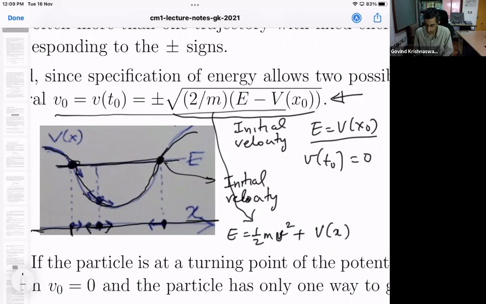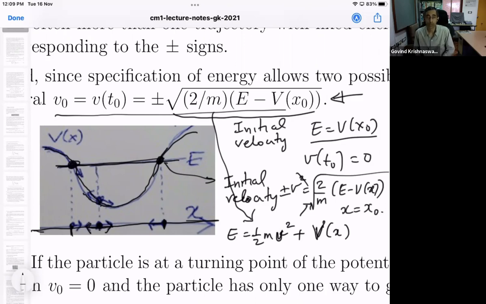Here v is velocity, and V of x is potential. I simply solve for v by taking it to the other side, so v squared is equal to 2 upon m times E minus V of x. Then we take a square root to put the plus minus sign and evaluate at x equal to x naught. So this is how the initial velocity is obtained.